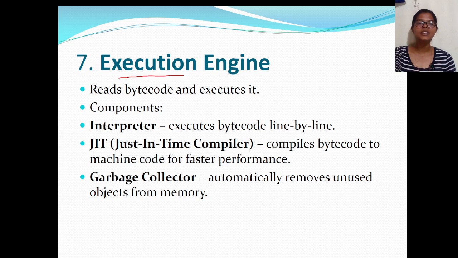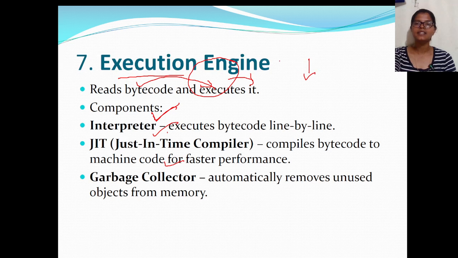Next, execution engine. What does it do? It reads the bytecode and executes it. What does it contain? Interpreter, just-in-time compiler, and garbage collector. So what does the interpreter do? The compiler checks the whole program and converts it into bytecode, but the interpreter executes line by line.